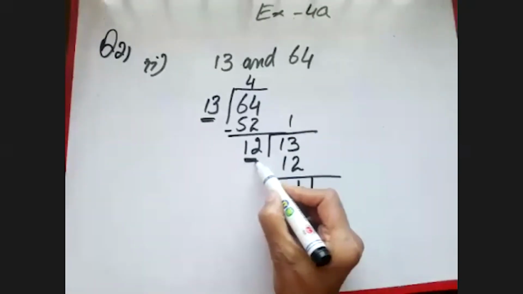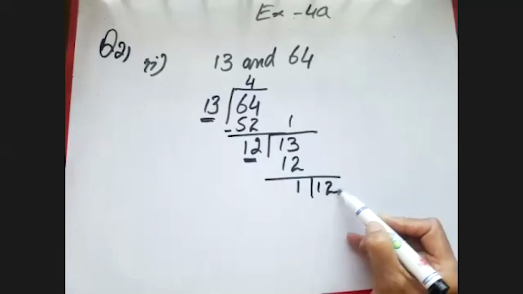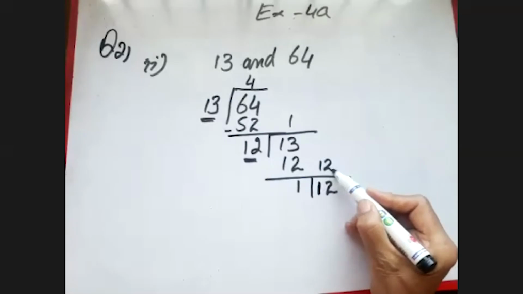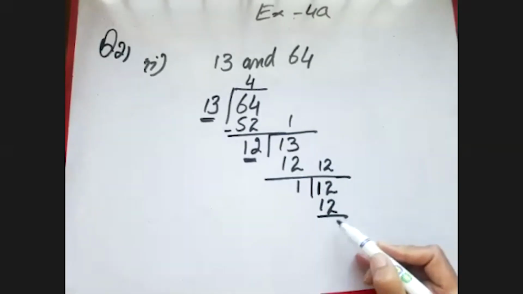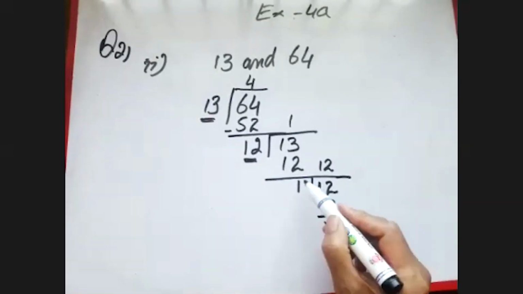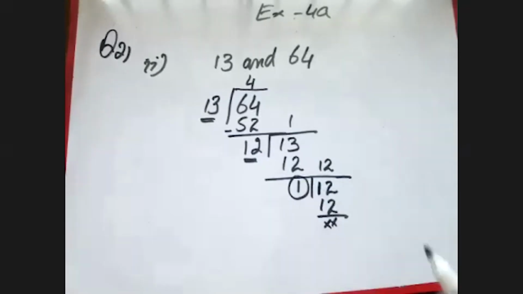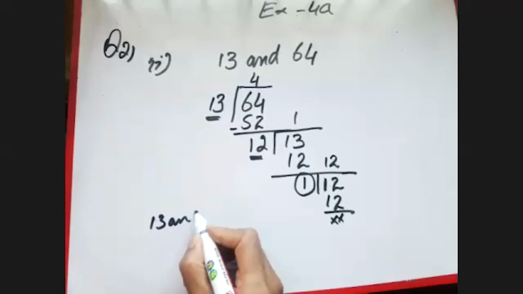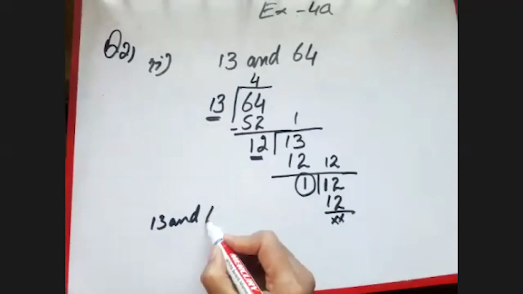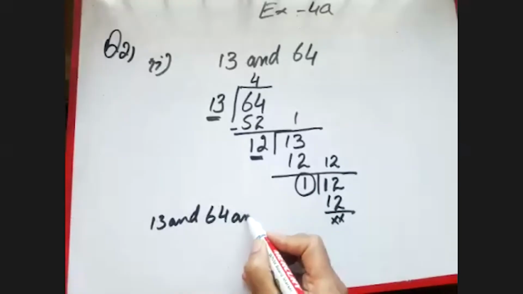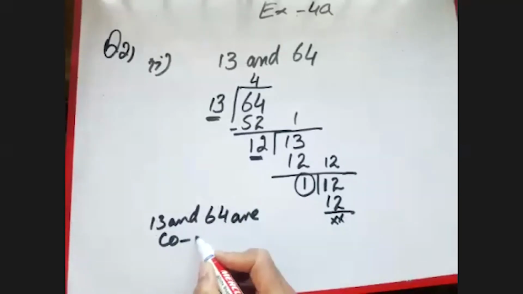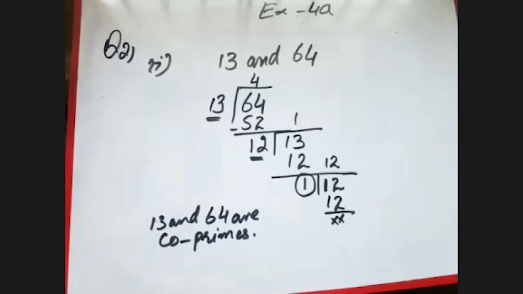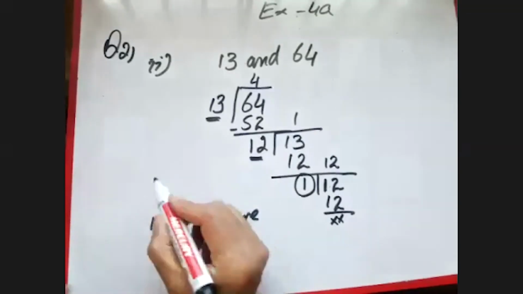Now 12 becomes your divisor. Dividend 12, 1 time is 12. So you cross the number and the last divisor is 1. So you can say 13 and 64 are co-primes because their HCF is 1.